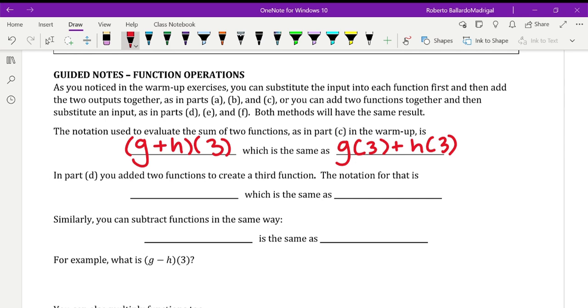In part D, you added two functions to create a third function, and the notation for that is the following. We did g plus h of x, which we found was the same as adding g of x plus h of x.